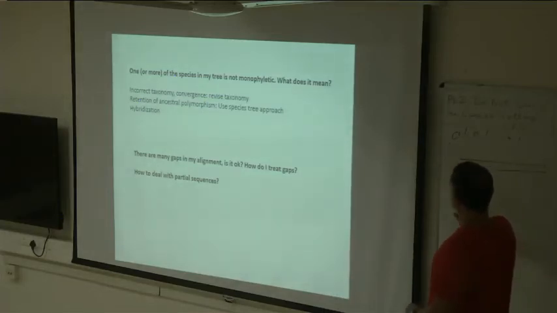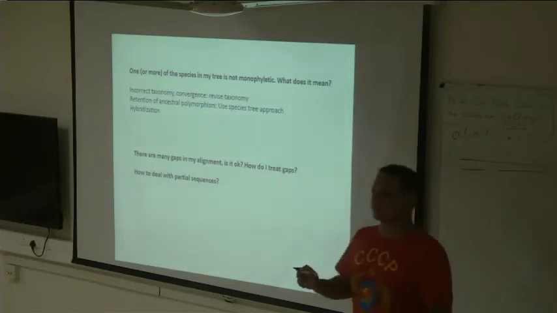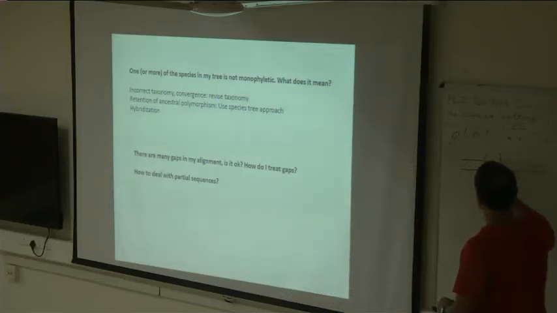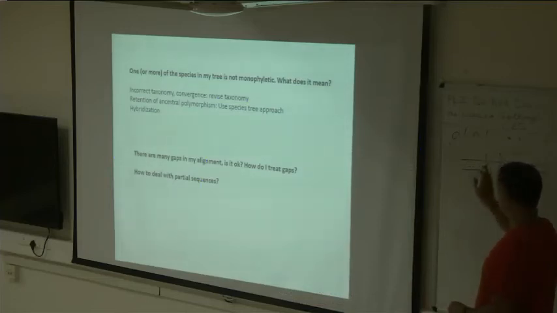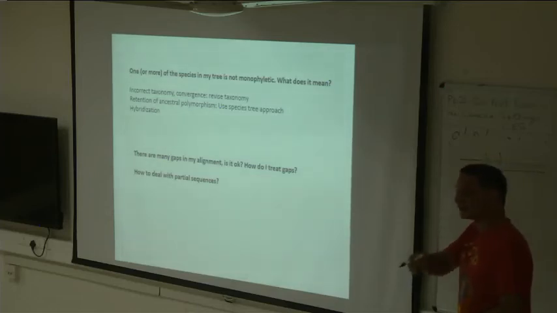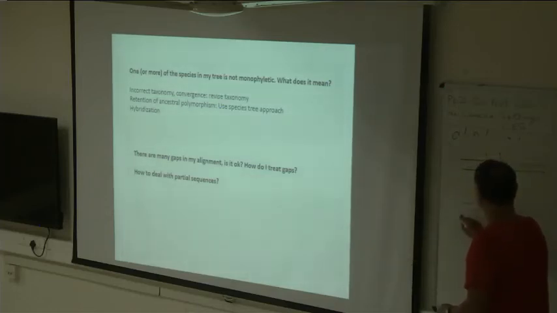Now, in this case, ideally you should not treat it as missing data. You should just get rid of the whole thing across all the species. Why should you not treat this as missing data? Because what is missing data? Missing data is, maybe you're using 3 genes.